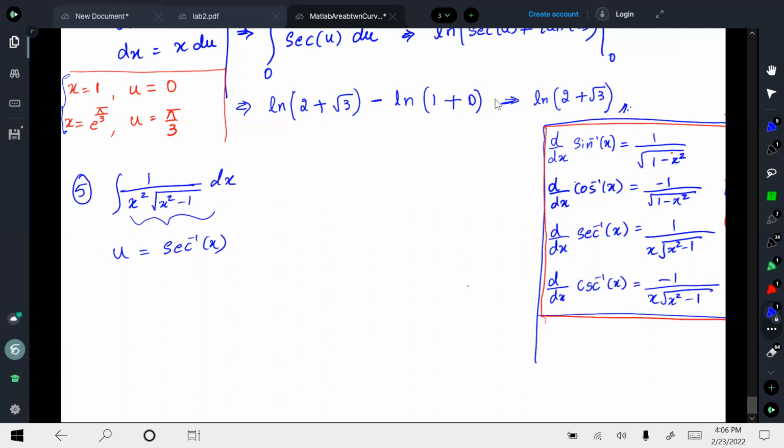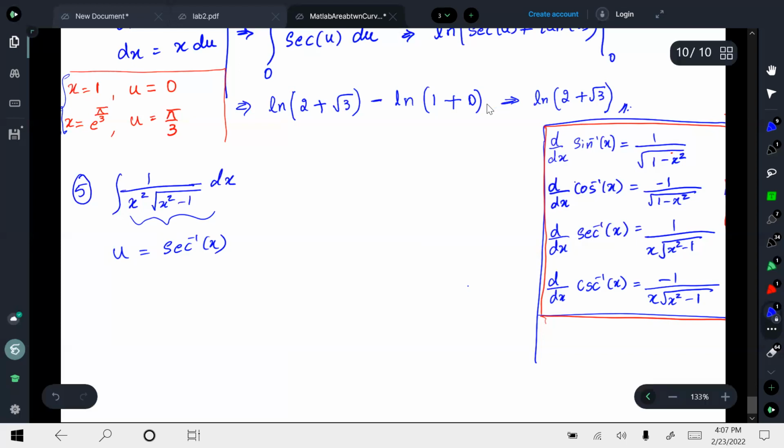Now you can do this, or else x will be considered as algebraic.